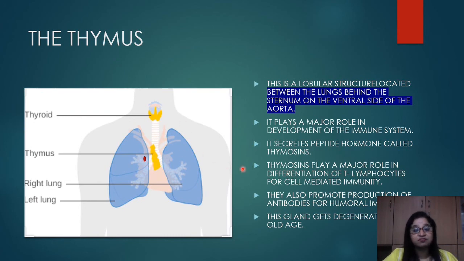So the thymus plays a major role for cell-mediated immunity. They also promote production of antibodies for humoral immunity. This gland generally degenerates and the function starts reducing in old age, and that is why our immunity in old age starts reducing because of this very fact.